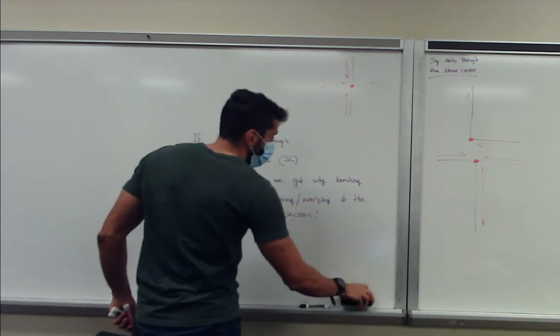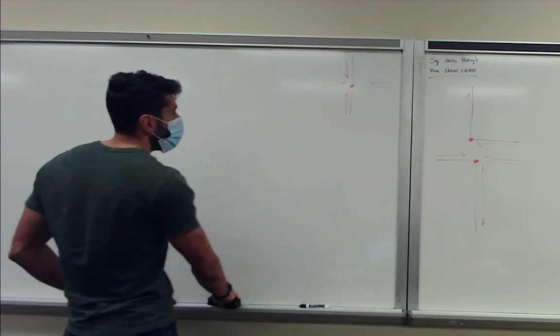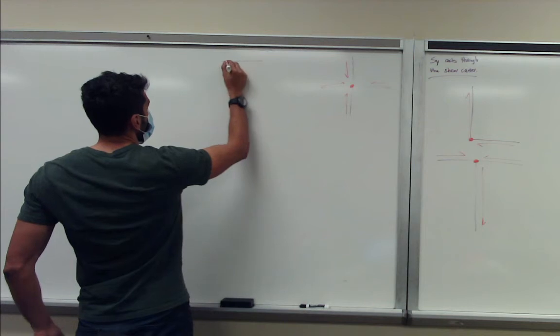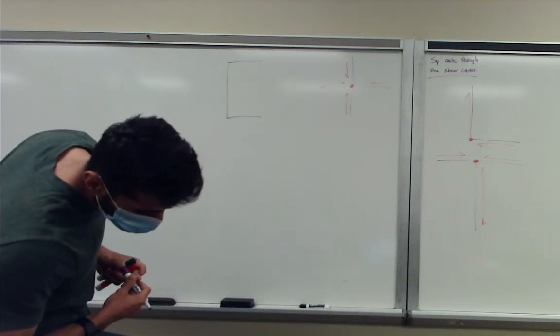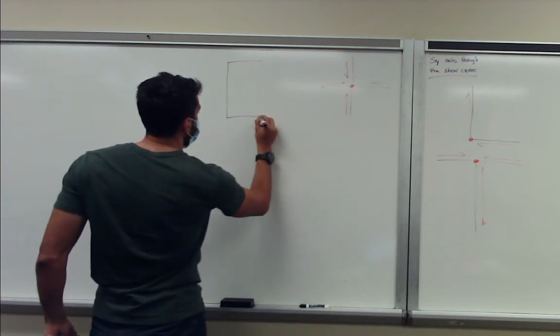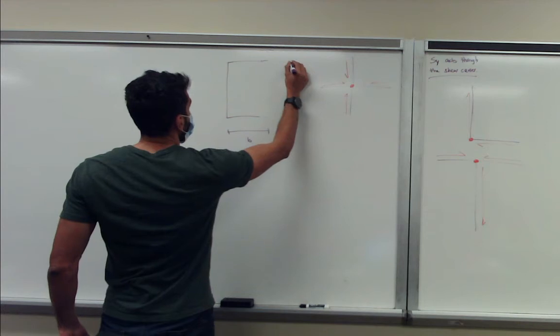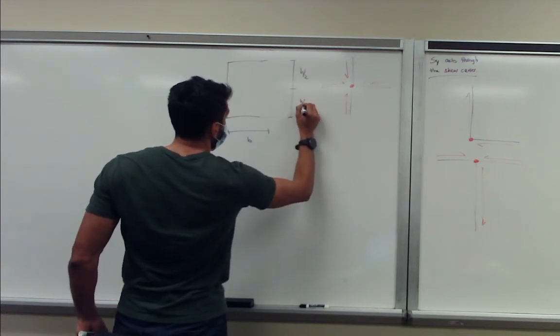So what happens if our structure is slightly different? What if our structure is like this, a C-section? And let's give it a couple of names. B and H/2, H/2.